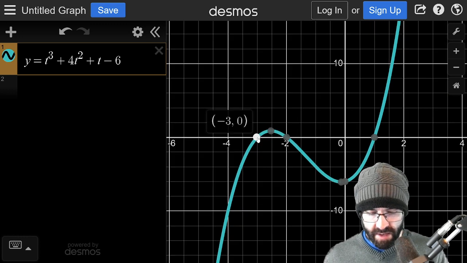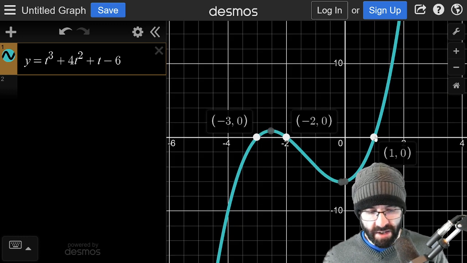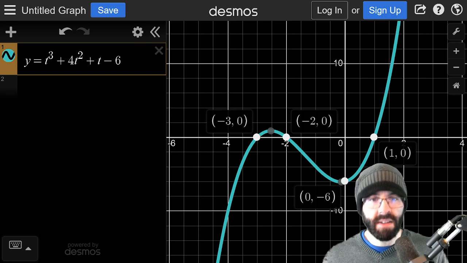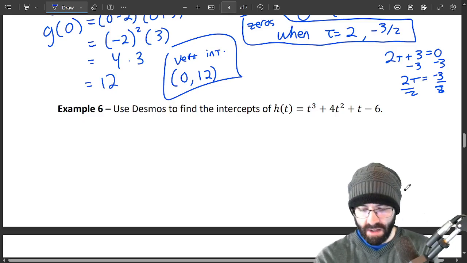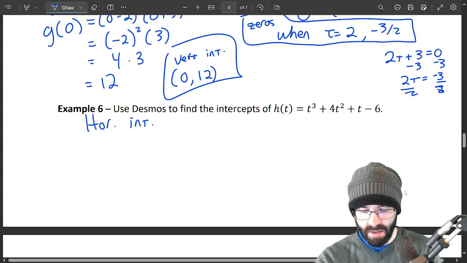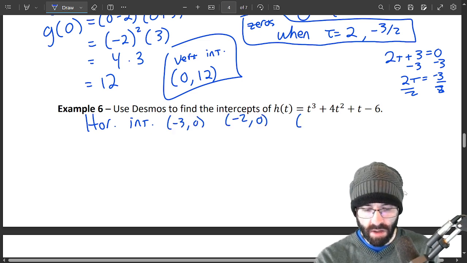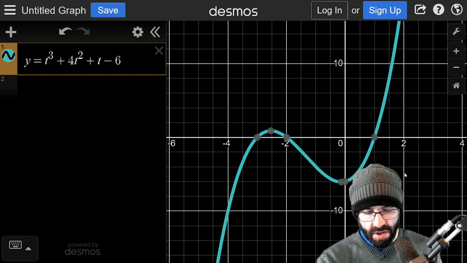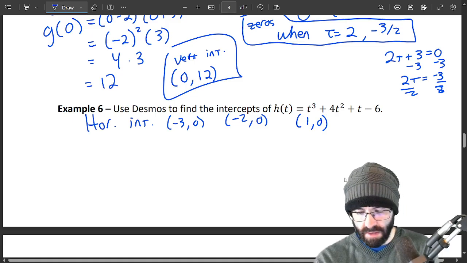Okay, well, we've got horizontal intercept, horizontal intercept, horizontal intercept, vertical intercept. The horizontal intercepts are at negative 3, negative 2, and 1. And the vertical intercept was at negative 6.